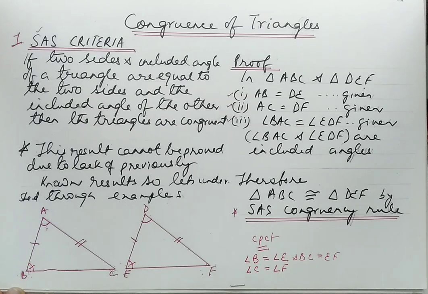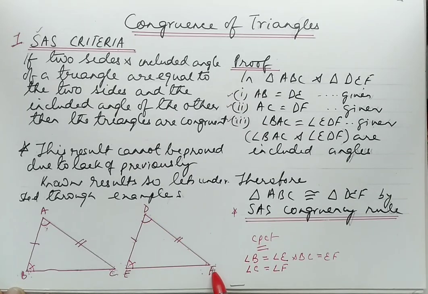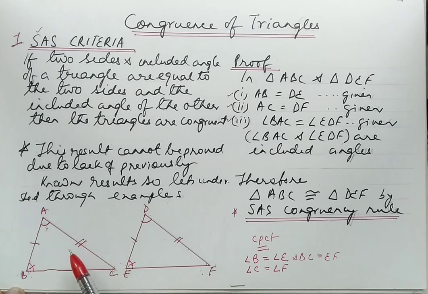I repeat, since AC is equal to DF, the angles opposite to these two equal sides have to be corresponding, have to be equal. The same thing happens here, since AB is equal to DE, and this side is looking at C and this side is looking at F, they must match with each other.